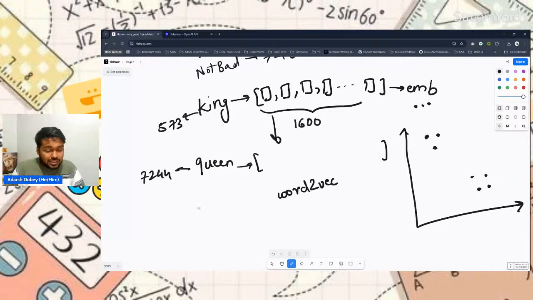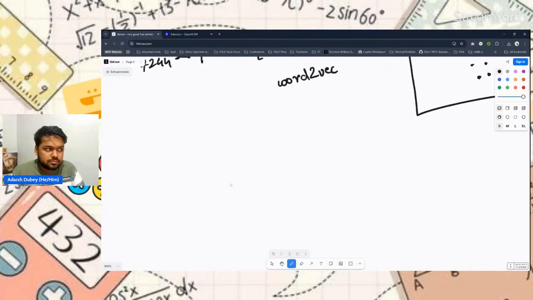For each word, suppose the word is "how", it will have some token which will be arbitrary and will not have any meaning. Because the tokens don't have any meaning, we need to represent those words in a way which has some meaning. So it will have some ID, but it will also have some embedding.